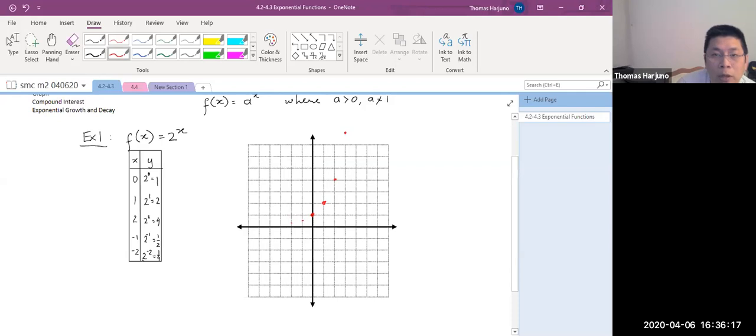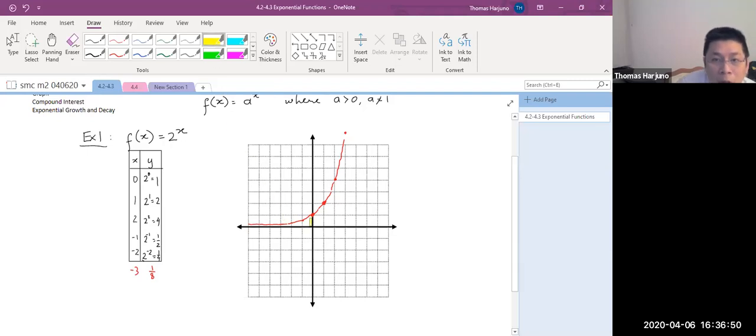So approximately, the graph looks like the following. If we keep on going further, if I go to x equals -3, then the y will be 1/8.